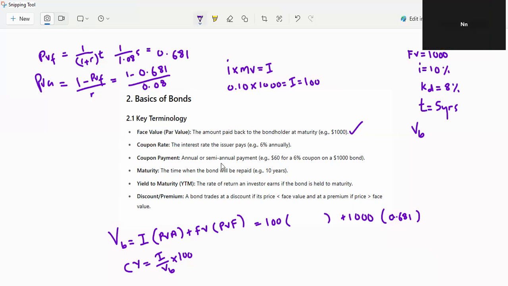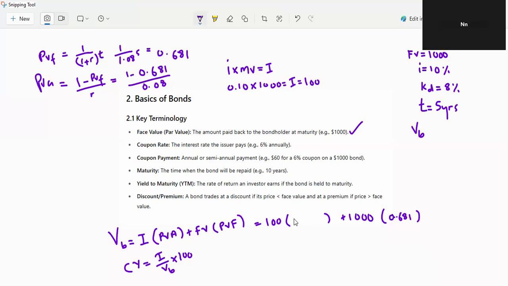0.9875. It should be a figure more than 1. No, it can't be that answer. So do it step by step. 1 minus 0.681, you press equals, then you divide by 0.08.